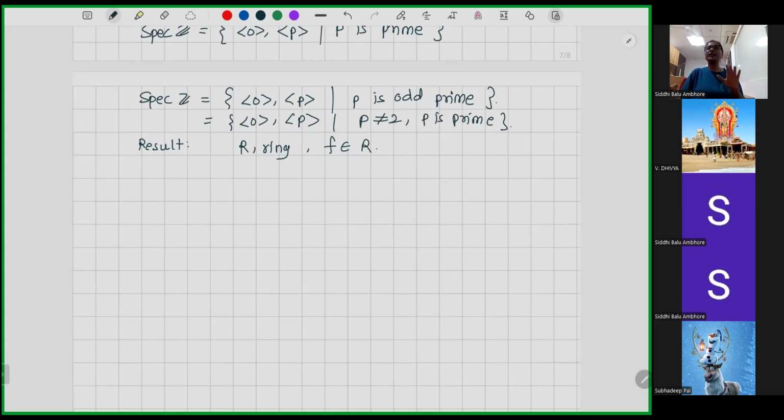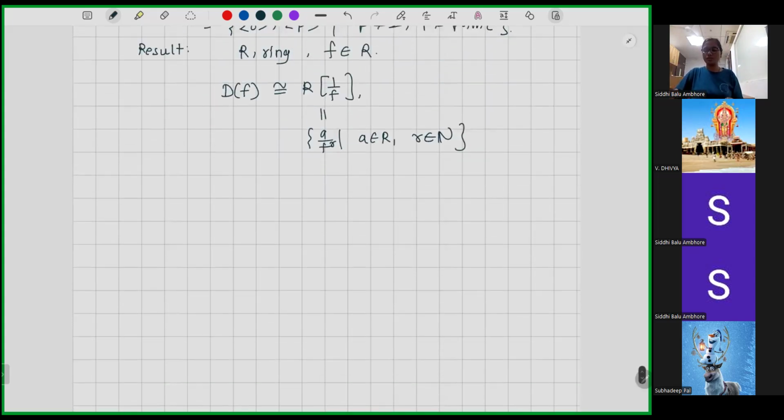And if I take any f in R, then D(f) is isomorphic to R_f, and this R_f is all a over f^r, where a is in R and r is in N. When I write N, it includes 0.